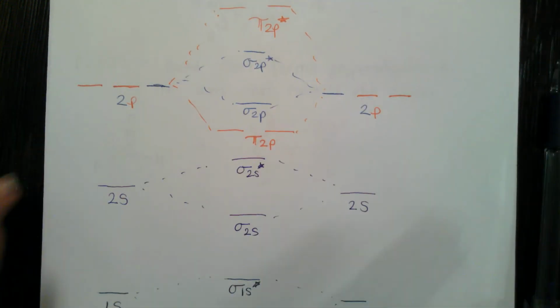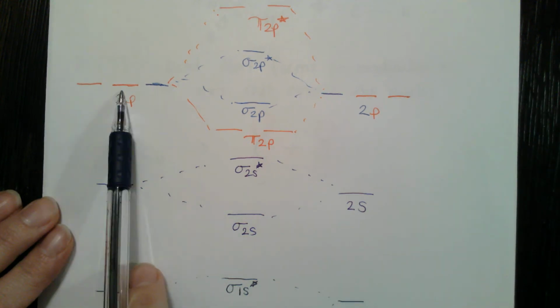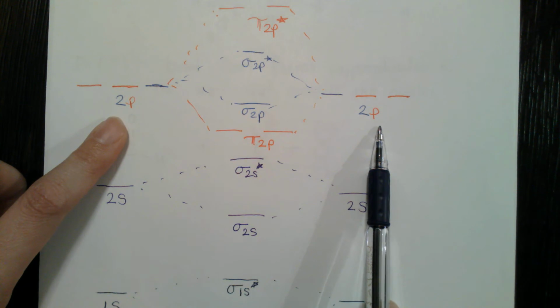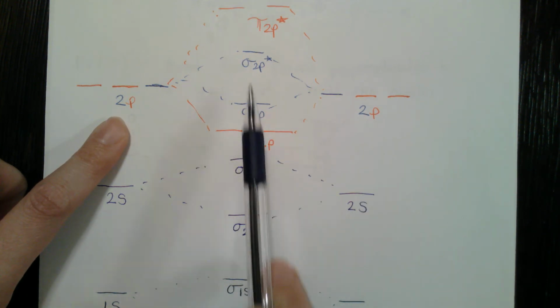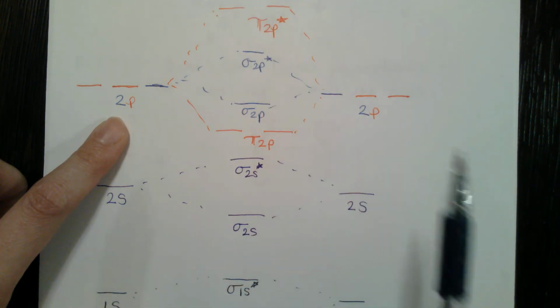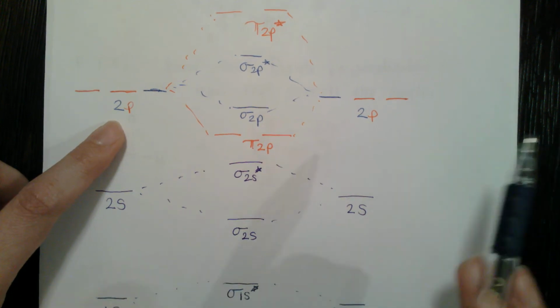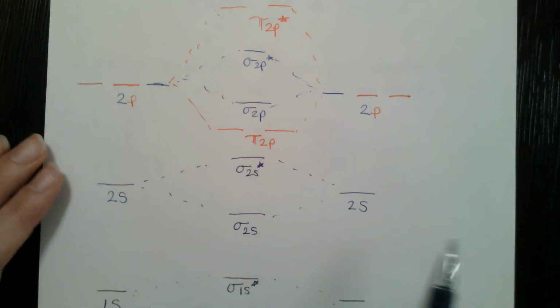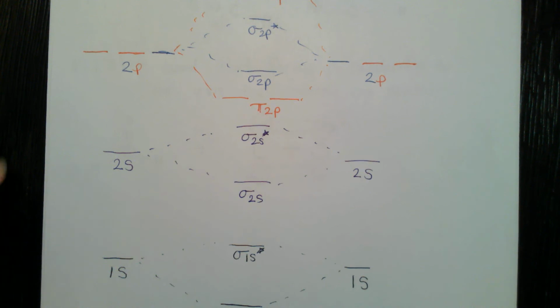Let's look at what we have here. 1, 2, 3, 4, 5, 6 atomic orbitals combine to form 1, 2, 3, 4, 5, 6 molecular orbitals. Atomic orbitals are on the sides, and molecular orbitals are in the center. So this is what that looks like. It's a very complicated picture.